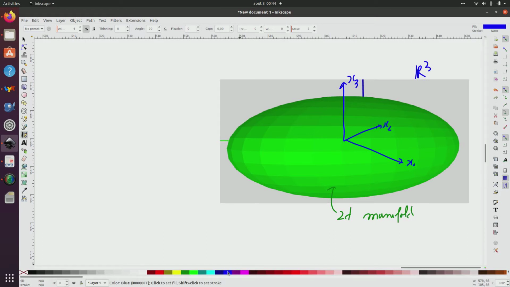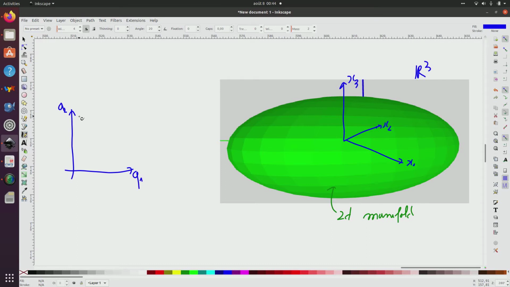So how can we represent this shape, this manifold, by a function? Let me explain this. I have here my configuration space, and I will call it q1, q2, and it is two-dimensional.